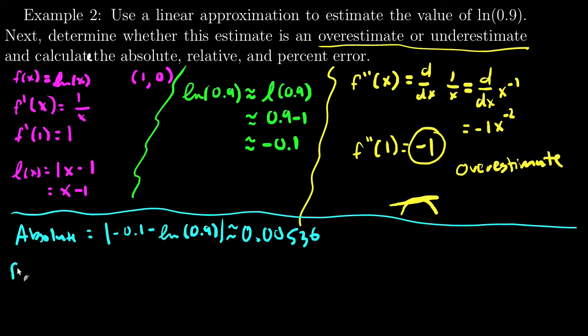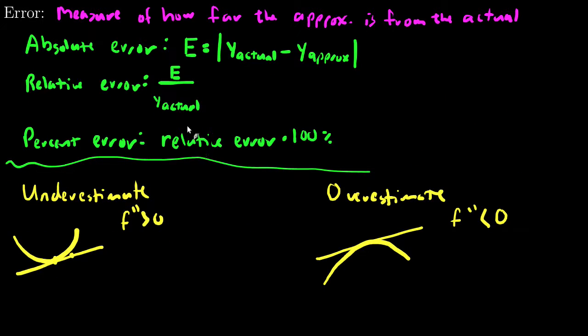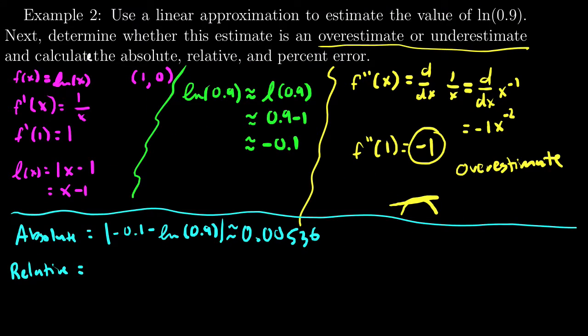To get the relative error, and I guess I should have included this in the previous slide, let me go back and put that in here. All of my errors should be positive, so I want to make sure that this remains positive as well. So with the relative error, I take this 0.00536 divided by the natural log of 0.9, and do the absolute value, because this natural log will be negative.